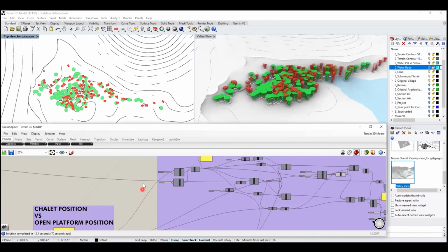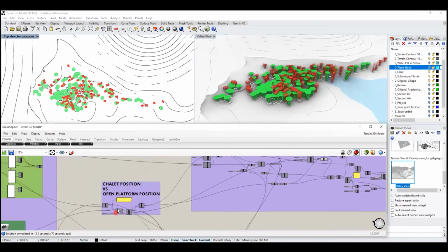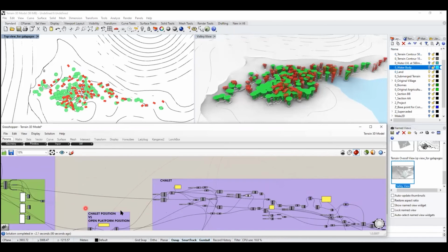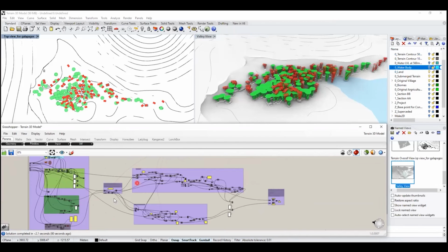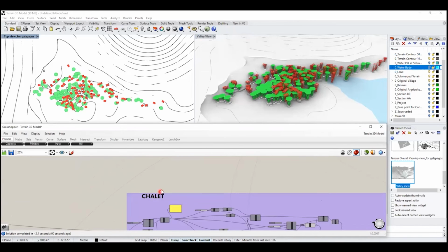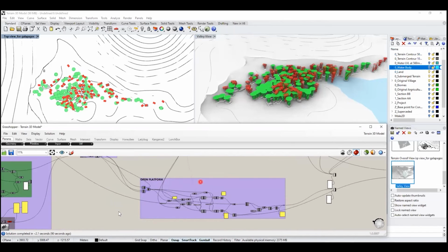I need to know their positions respectively, and I did so with parameters. We don't talk about that. You just need to know that I want to know where the red and the green are. And eventually from those positions, I generate the chalet I want with the design I made, and the open platform.